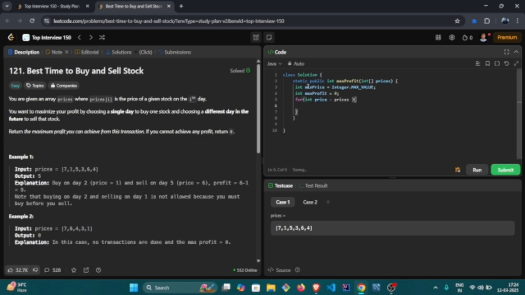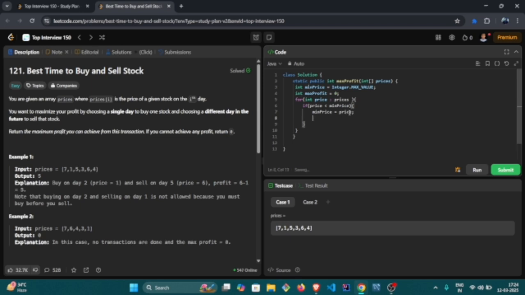Then we'll make a condition to get the minimum value in the whole array. If the price is less than minPrice, then minPrice will become and hold the price value.